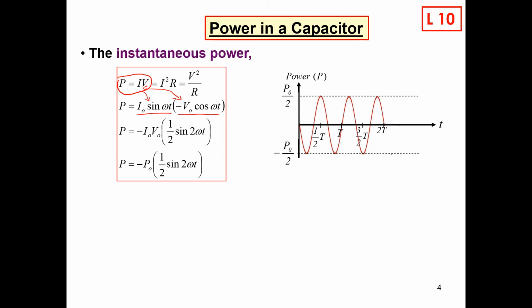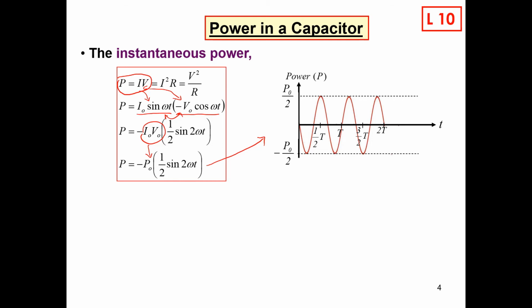Multiplying I and V, we get negative I naught V naught times one over two sine 2 omega t. Since I naught times V naught is P naught, the maximum power, the instantaneous power in a capacitor is negative P naught times one over two sine 2 omega t. This equation gives the graph of power against time for the capacitor.